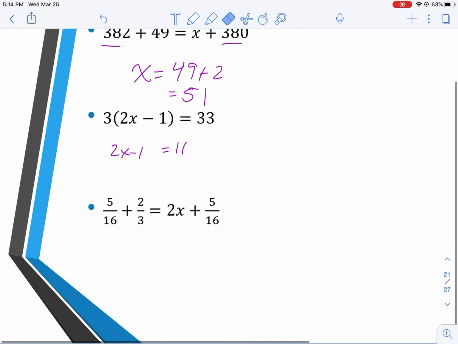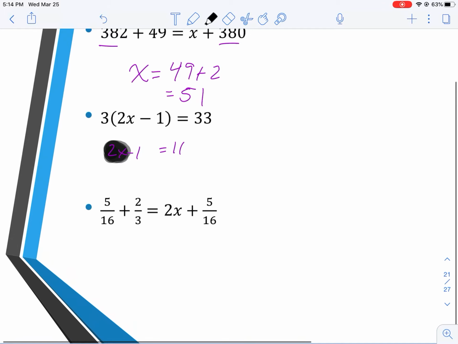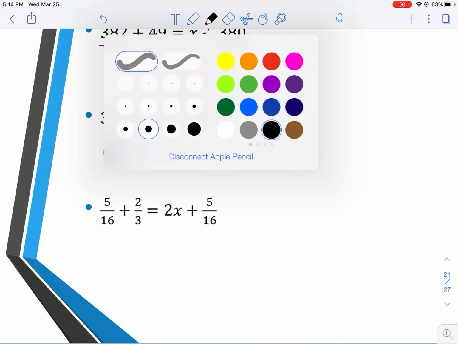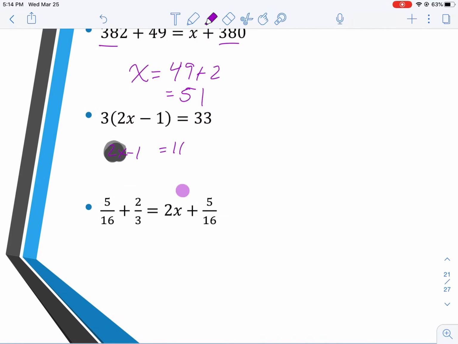All right, so now I have 2x minus 1 equals 11. So I'm going to cover up this term. You can really see the purple there. Huh. Gonna have to change that to purple highlighter. Oops, I thought I changed it.